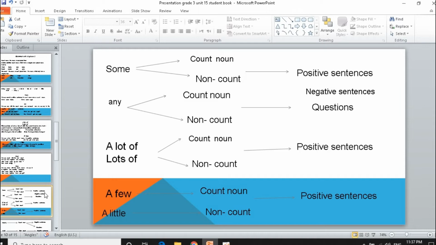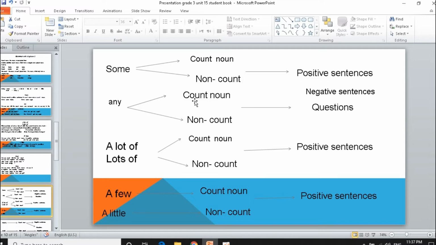Now we talk about some, any, a lot of, lots of, a few, a little. Some: count nouns, non-count nouns, positive sentences.